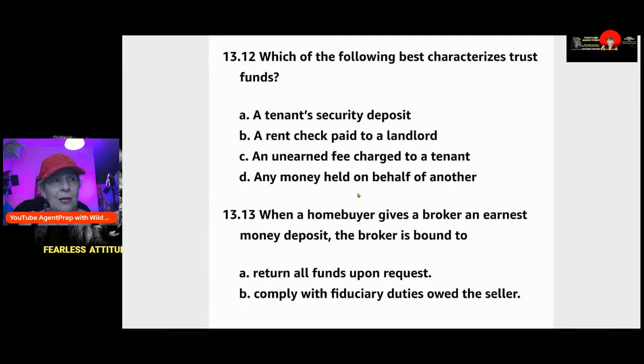But money held, so it's held during the lease term. And once the lease term ends, they determine what to do with that money. And that money is held in a trust fund, in a trust bank account.